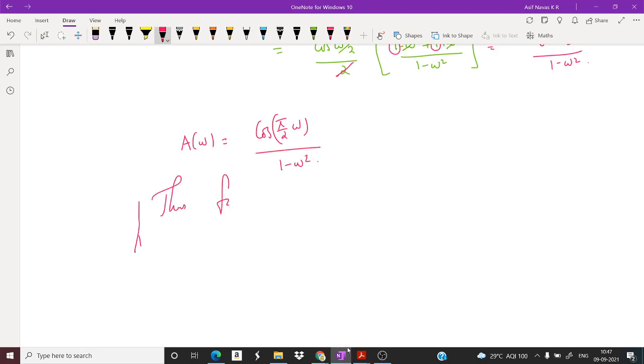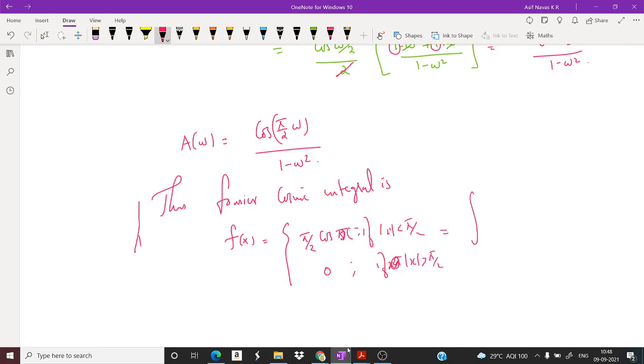Thus Fourier cosine integral is f of x, that means f of x is pi by 2 cos x if mod x less than pi by 2 and 0 if mod x greater than pi by 2, is equal to integral 0 to infinity cos pi by 2 omega divided by 1 minus omega square cos omega x d omega.